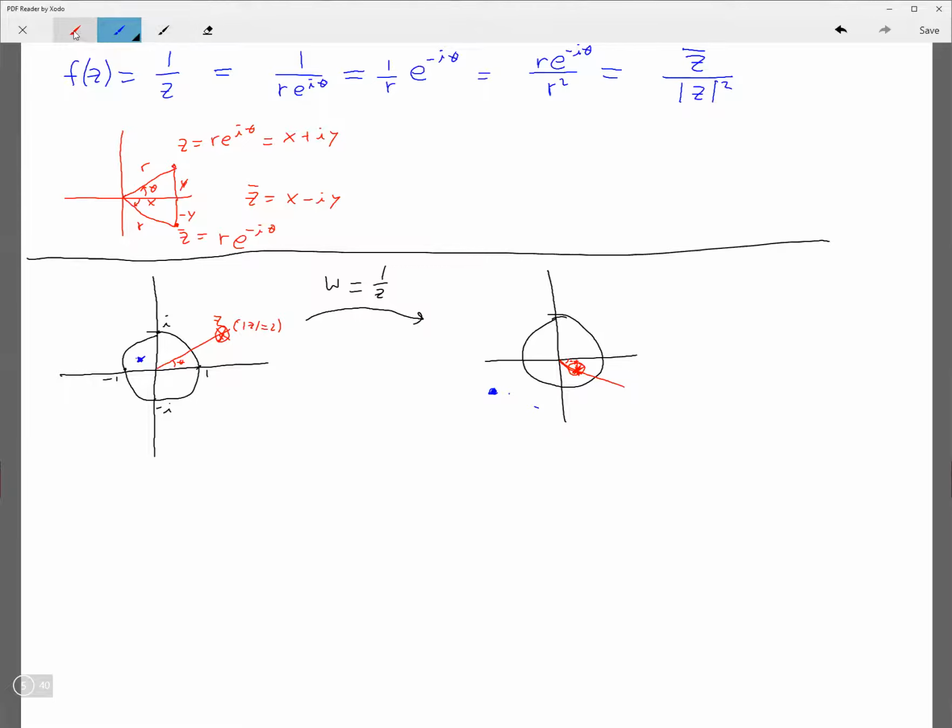Now, other interesting things is if we take the unit circle here, and we'll split it up into, let's say we have this region and that region.